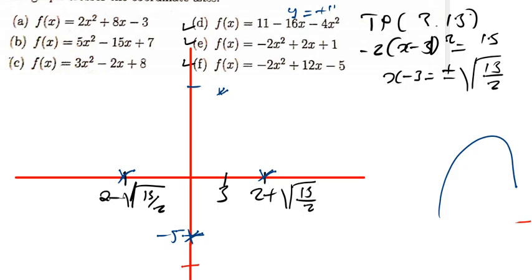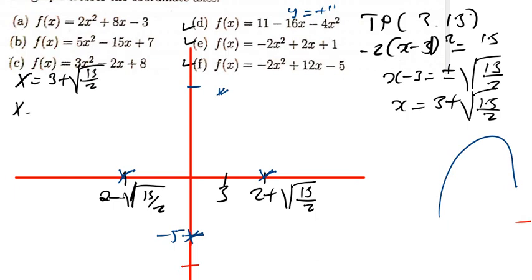So this should be 3. Okay, cool. Now this is going to be better. Looking at how this is, we have two answers: x is equal to 3 plus root of 13 over 2, and x is equal to 3 minus root of 13 over 2.